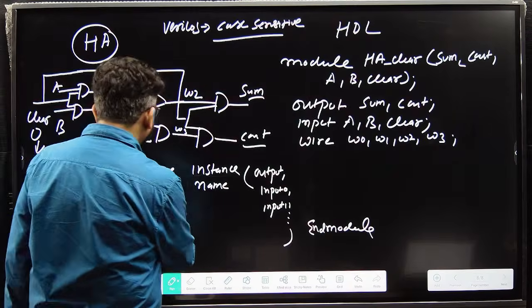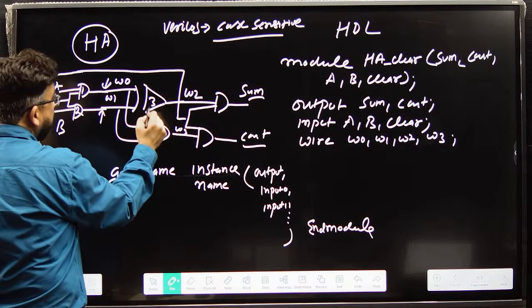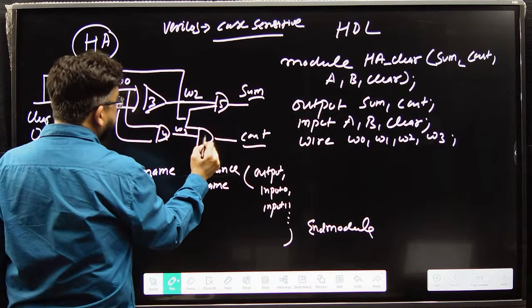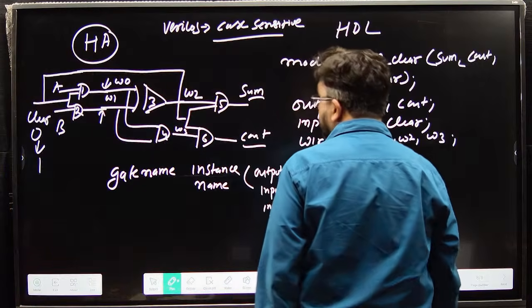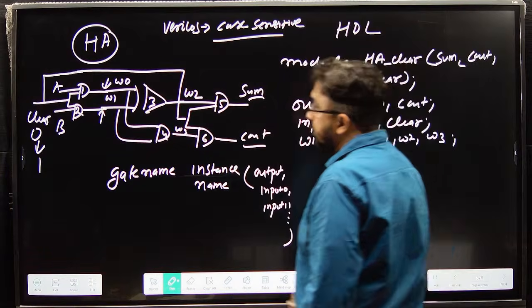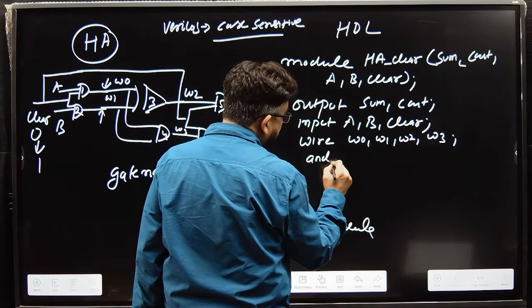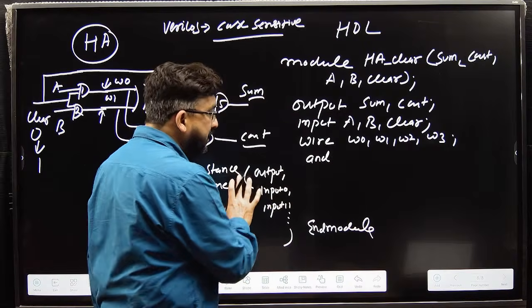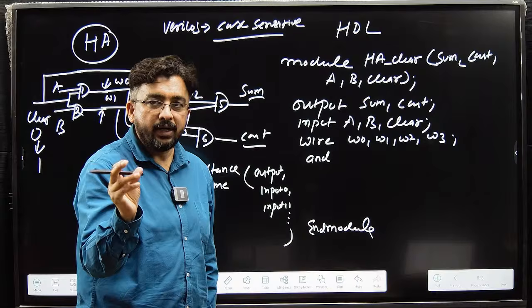So what is the gate name here? There are gate numbers 1, 2, 3, 4, 5, 6. Total 6 gates are here. So I will call all the gates one by one. Gate number 1 is my AND gate, so small and. Now this instance name can be anything, any combination of alpha and numeric.